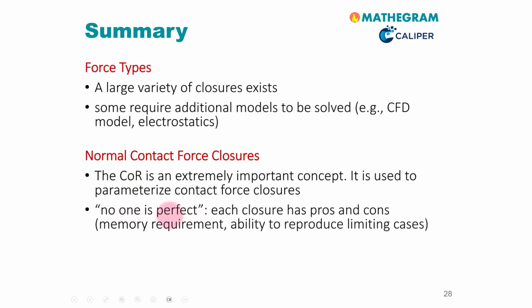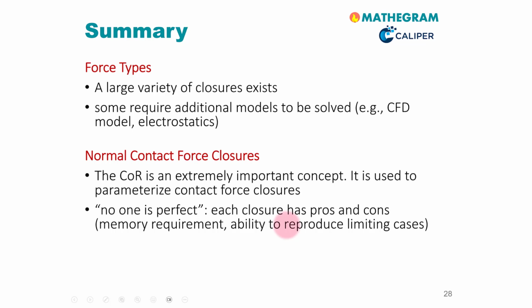Important is that no one is perfect, as in real life. Each closure has its pros and cons. For example, for the hysteretic elastic force closure, we need more memory in the normal direction because we have to store the maximum overlap.